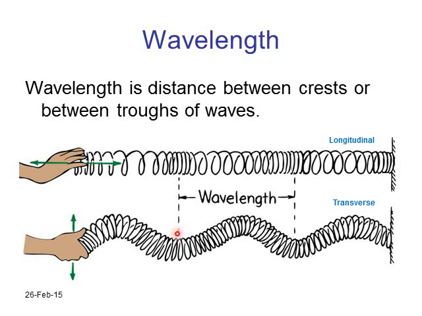So right here, from this spot, if we go to the next place where it's down low like that, to here, that's one wavelength. You can do the same, and it should be the exact same measurement. You can do it from the top. You can say from here over to here is one wavelength. As long as you are consistent in where you measure from, you should get the same answer.